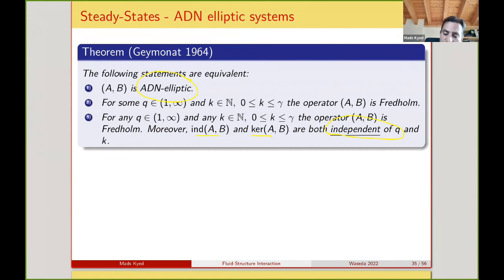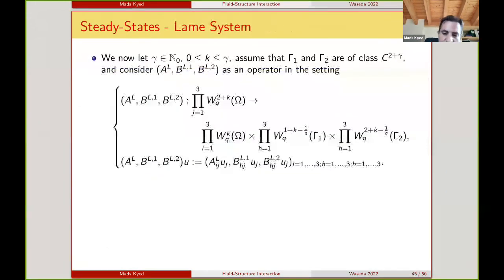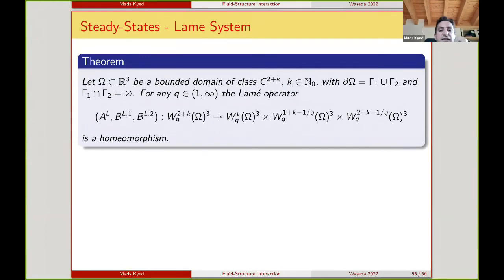So in fact, and now I go back to my last slide, I get that my Lami operator is a homeomorphism in a general L^Q Sobolev space setting. You can choose any Q between 1 and infinity, and you get that the Lami operator is a homeomorphism in the corresponding setting of Sobolev spaces.